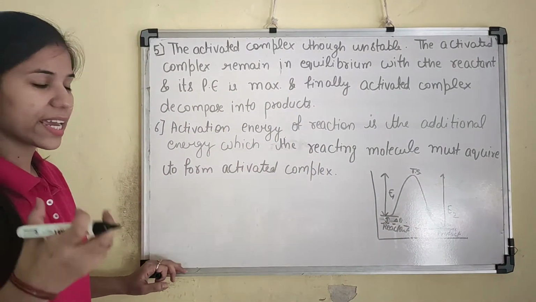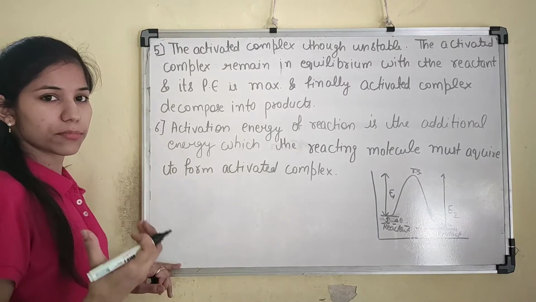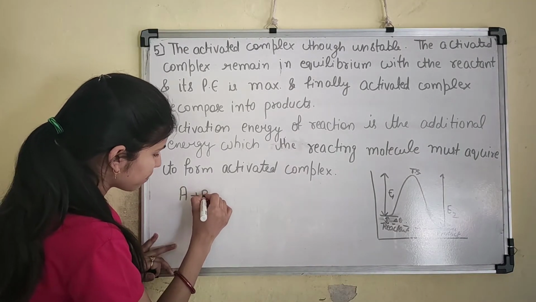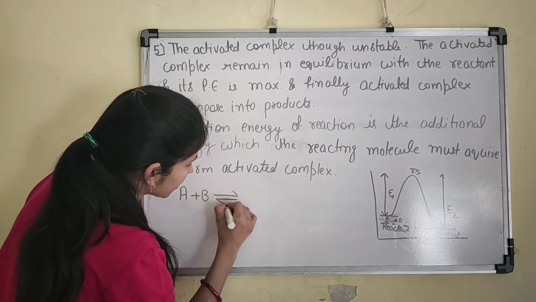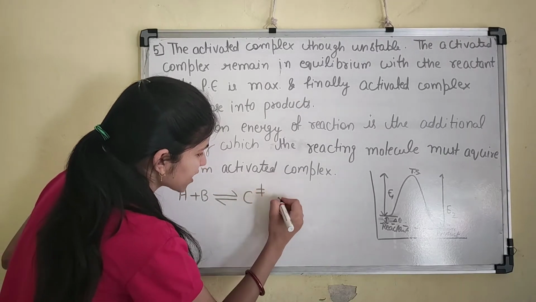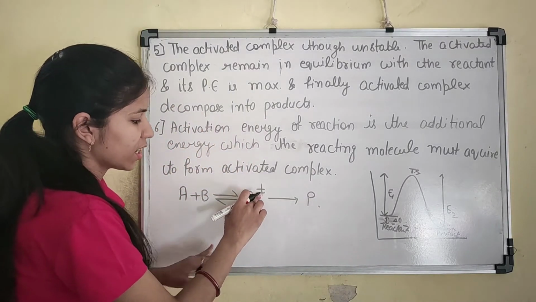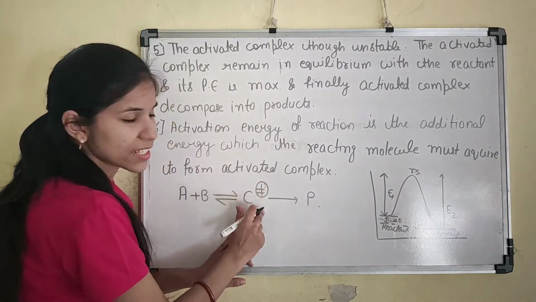Now consider a reaction that forms through a transition state. A plus B form C star, and then form the product, and this star symbol is used for the transition state.